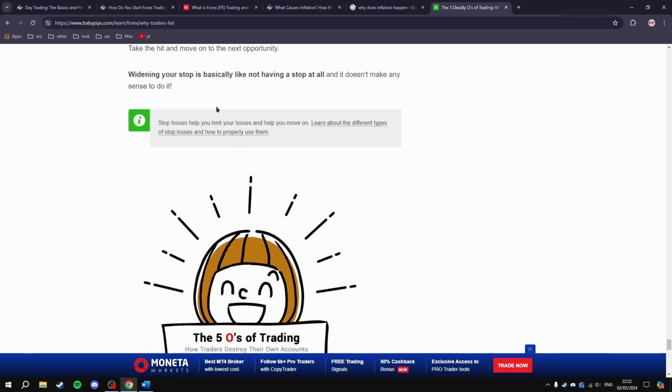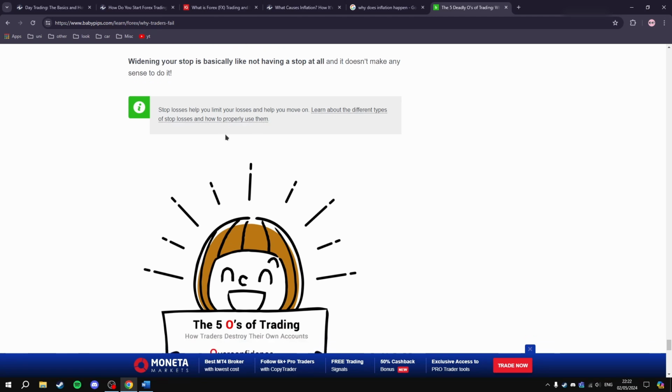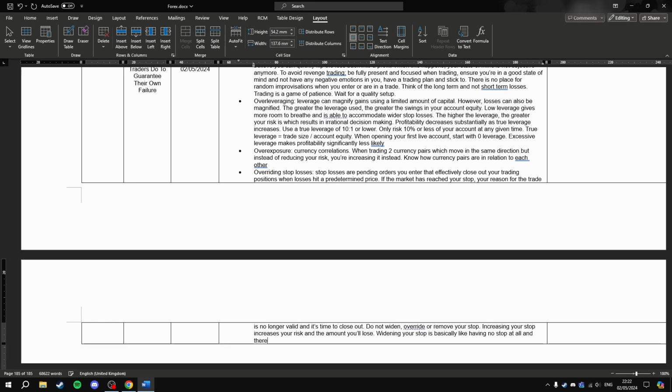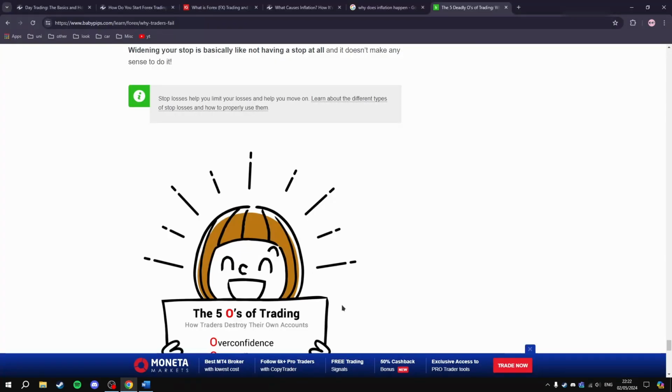Widening your stop is basically like not having a stop at all, and there's no sense in doing it.